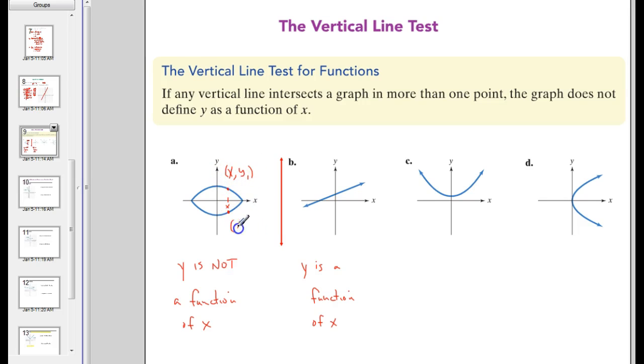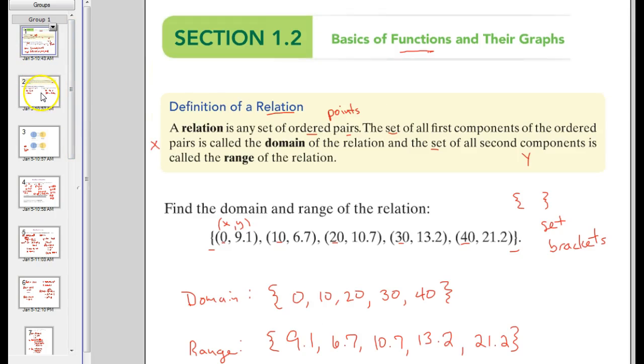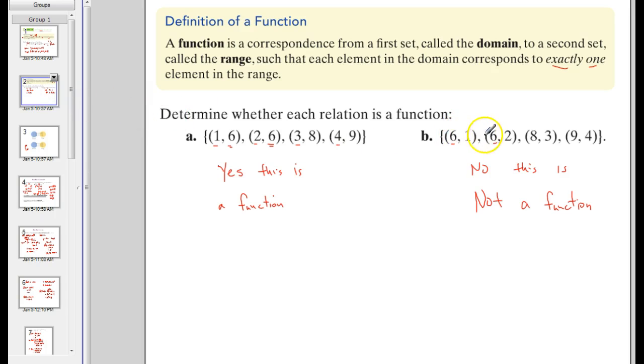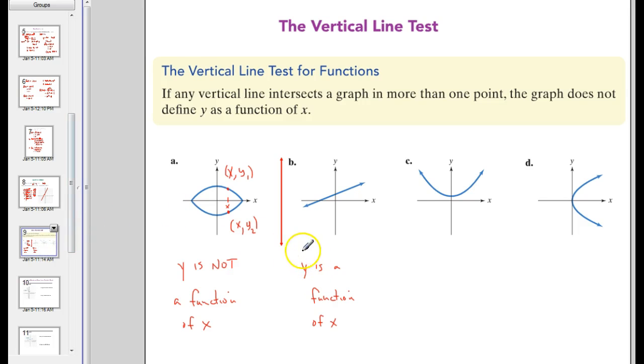And then over here we have that same x with a different y, like y number 2. So go back to the very first definition of a function that we had way back at the beginning. We had an x coordinate with more than one y coordinate, which is exactly the same thing that we're seeing now on this graph that is not a function.